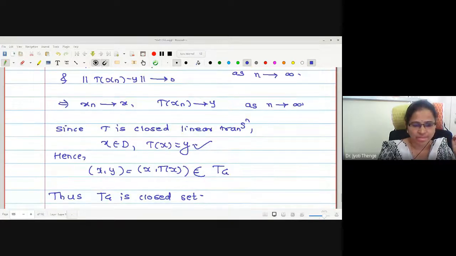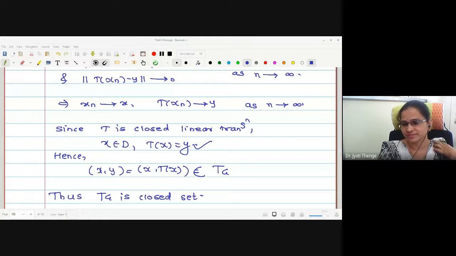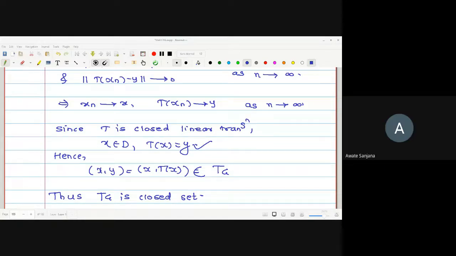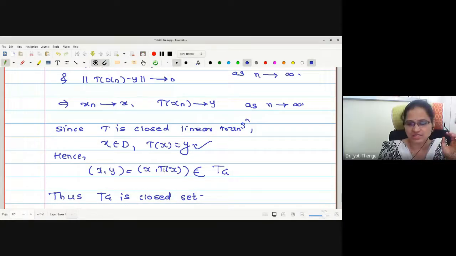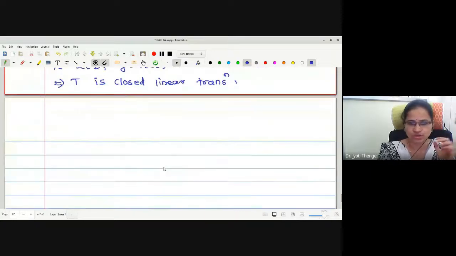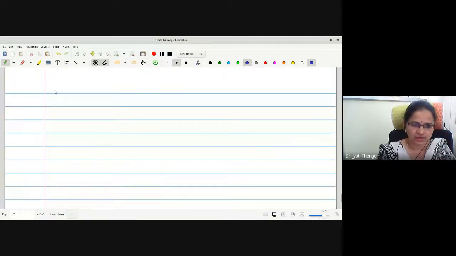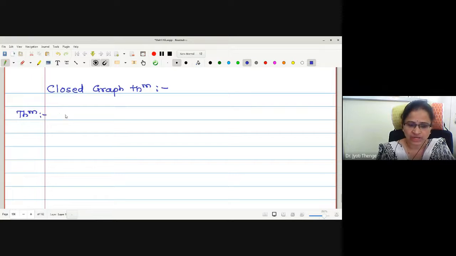Okay. Yes, any difficulty with the proof? No, ma'am. Now we were going to the last theorem called the closed graph theorem. This is a very important theorem. I don't think that I can cover the whole theorem, but at least we can cover one part of the proof. Let me write just the statement.